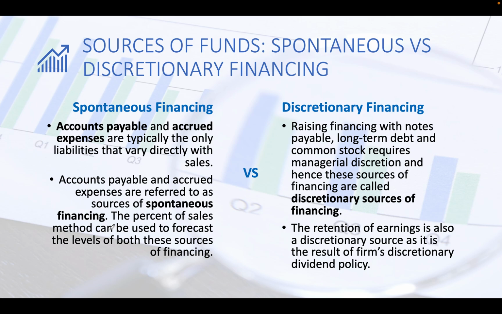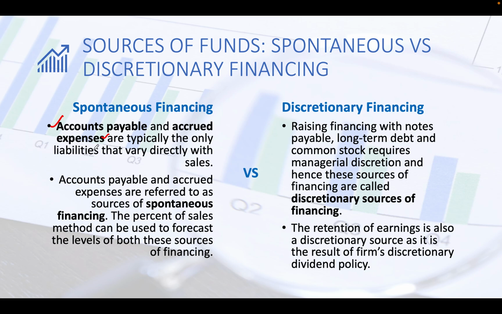Okay. In business, there are two kinds of financing, which is spontaneous financing and discretionary financing. What is spontaneous financing? Spontaneous, spontan, automatic. Bukan sesuatu yang diinitiate. Ya, dia berlaku apabila perniagaan tu berjalan, sebenarnya financing tu terwujud. Apa contoh dia? Account payables and accrued expenses.